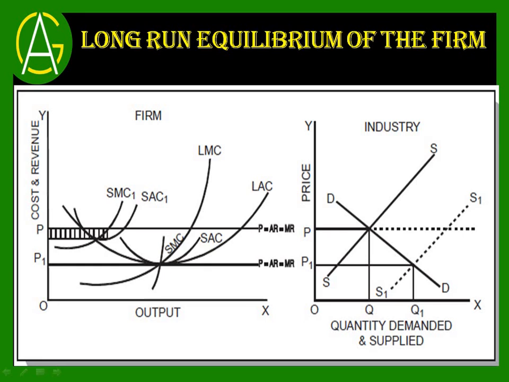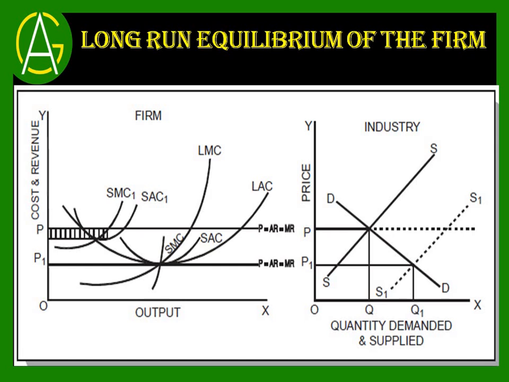Here again a question can be asked. Under perfect competition, in the long run, firm makes dash. Once again, listen to the question carefully. Under perfect competition, in the long run, firm makes dash.